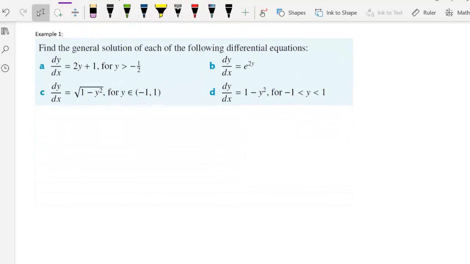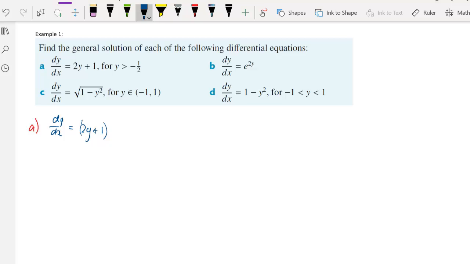All right, so this will be a pretty quick lesson. We'll look at a couple of examples. The first example, we have dy/dx is equal to 2y plus 1. Now, we can think of this whole thing as a bracketed function of y.